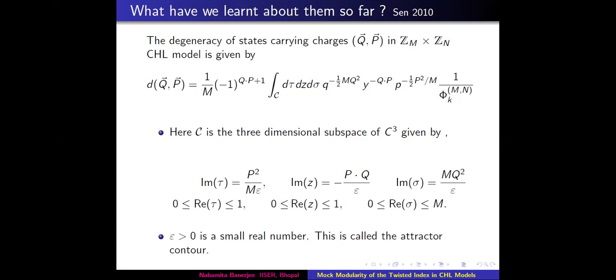But this guy actually has all the information. Phi k has everything. And if you follow this definition, one can extract the information of single-centered black holes from it. And single-centered plus multi-centered configurations are also there, so one can get those results also.